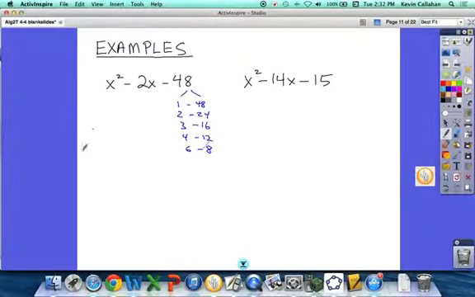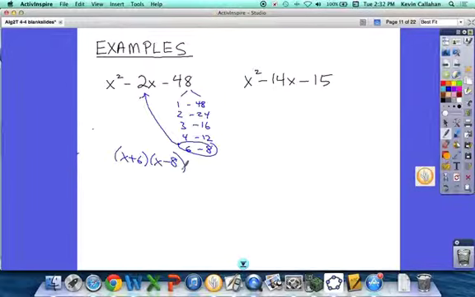So which one of those add up to -2? 6 plus -8 is -2, right? So we're going to use these. x plus 6, x minus 8. Right? How about the next one?